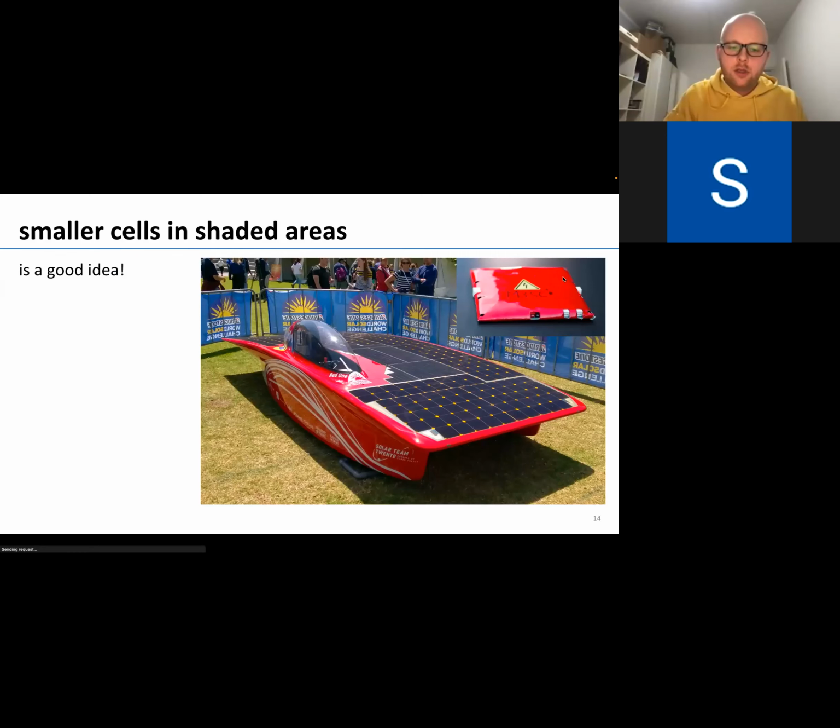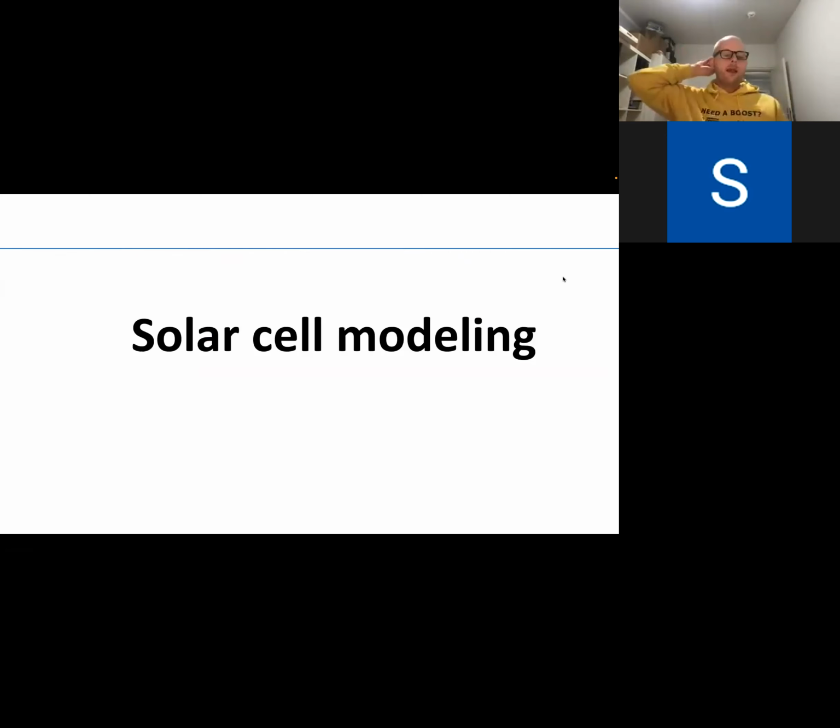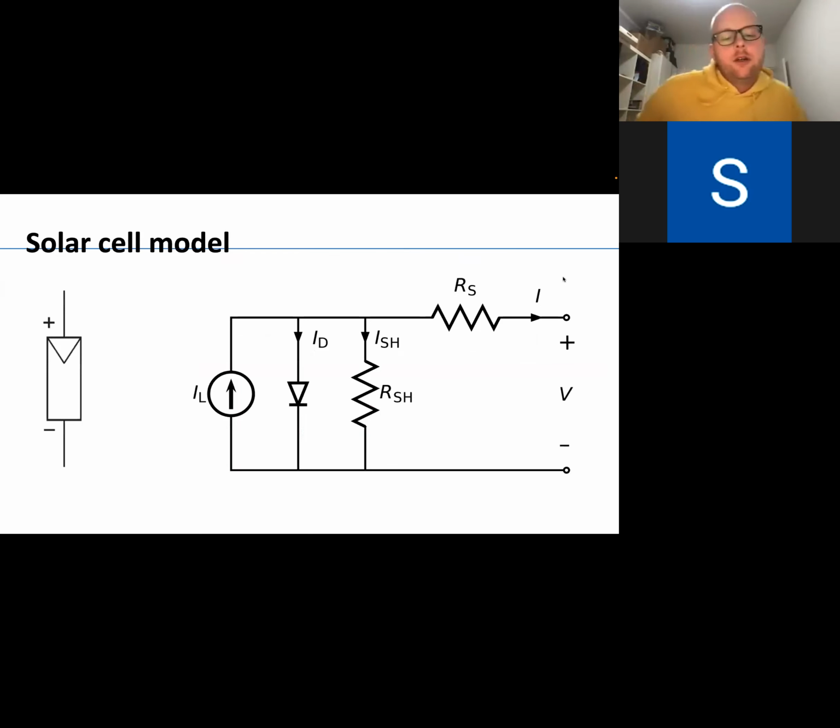Solar cell modeling. So how would you model a solar cell? Usually a solar cell is modeled as a current source, and the magnitude of the current is usually proportional to the amount of sun on the solar cell.